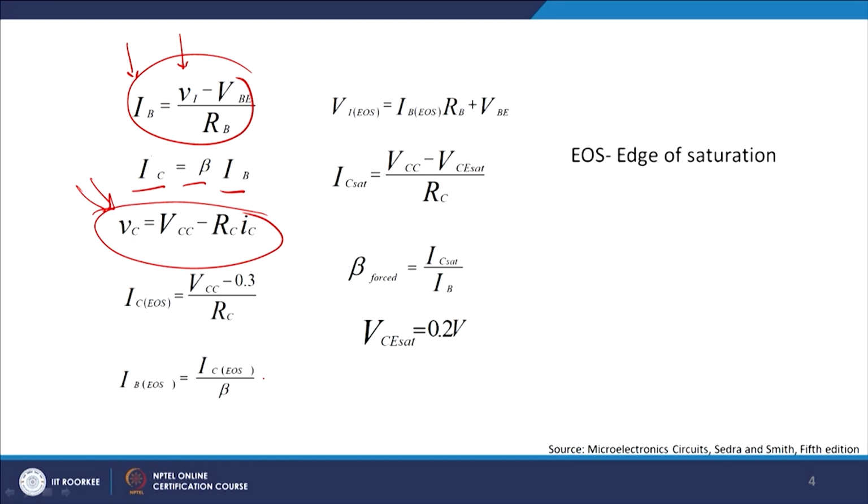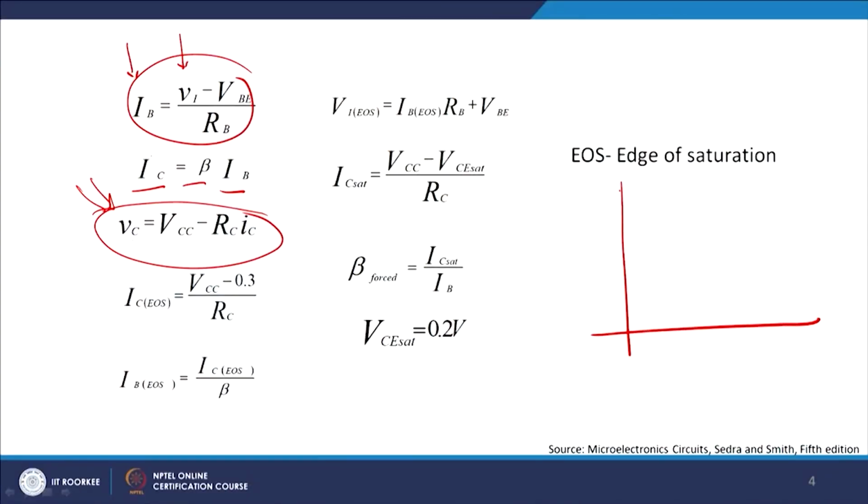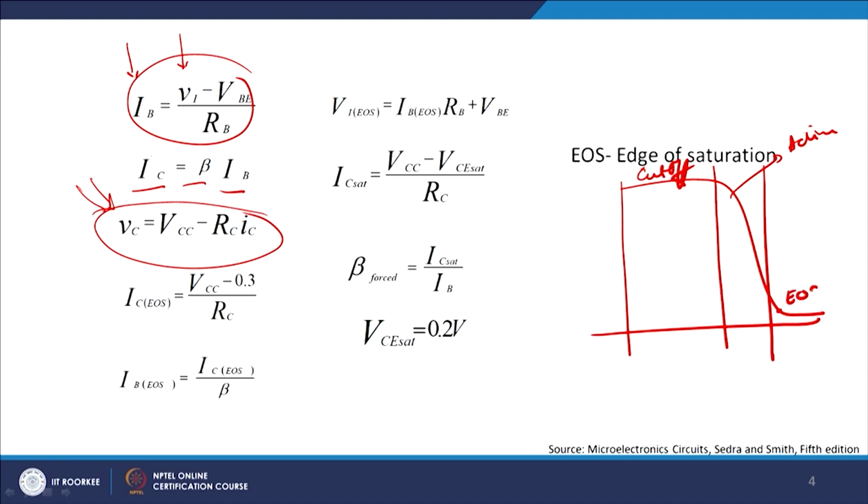Now, I will ask you where this SAT value comes from. If you remember the voltage transfer characteristics which we were studying, it was going like this, and we defined this to be active, this was cutoff, and this was the edge of saturation. We started with saturation from here, and this was EOS, or the edge of saturation.